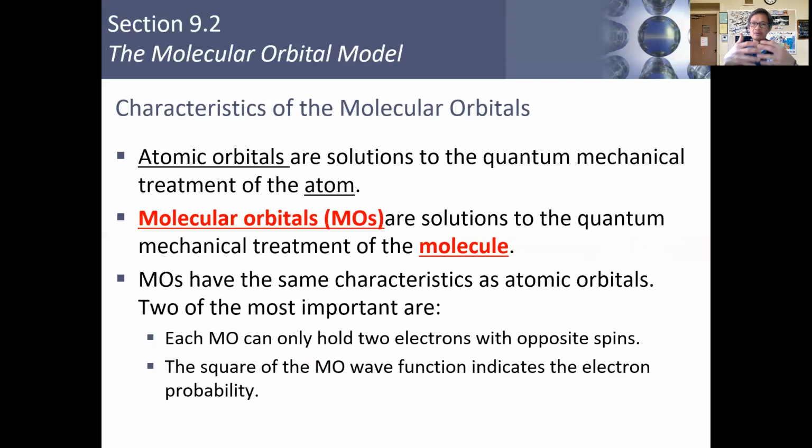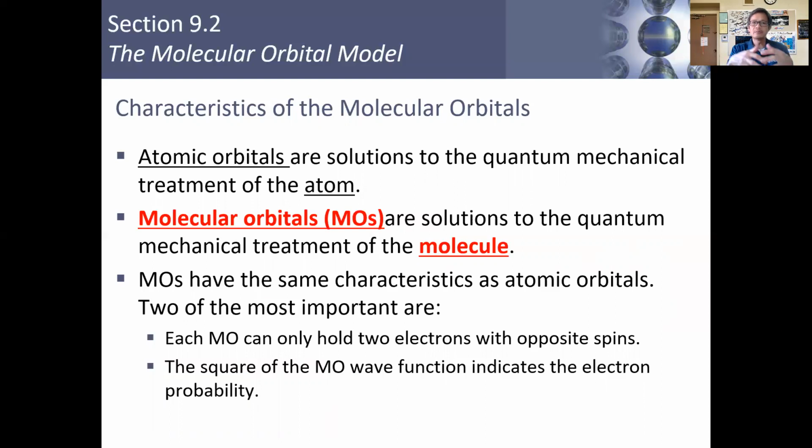And so what the molecular orbital theory allows us to do coincides with the data that we collect about the energetics of molecules themselves. The localized electron model does not deal with the energetics of molecules.